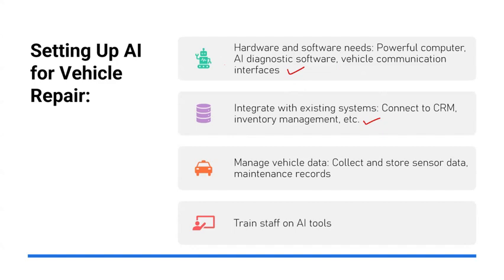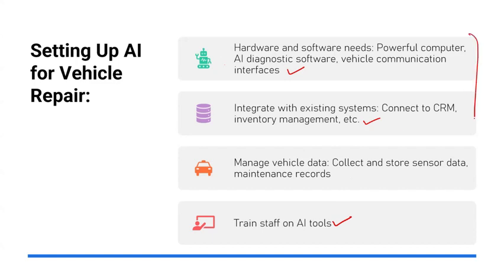It will not be step by step. You can do all those things using parallel operations, so that your service time or downtime will reduce a lot. Manage vehicle data, collect and store sensor data, and train staff on AI tools.